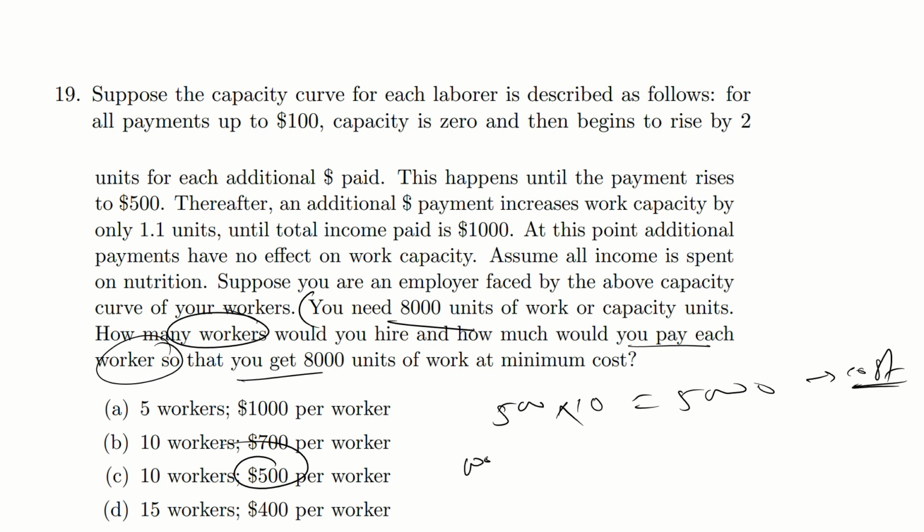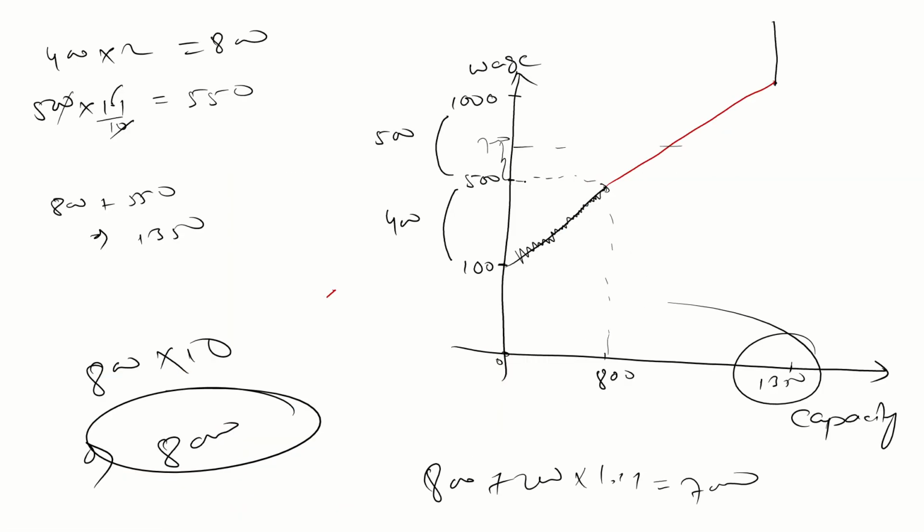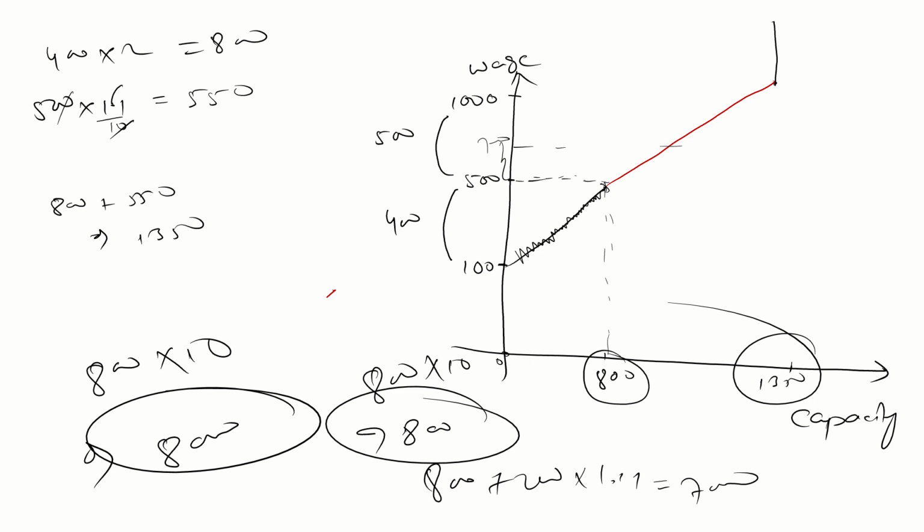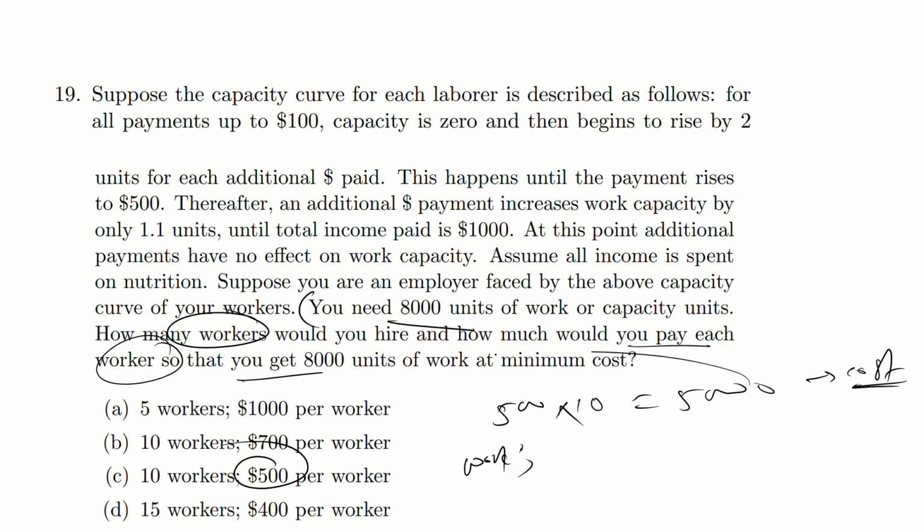But if we're talking about the work, at 500 how much work are we getting? 800, but that is by one individual, so there are 10 individuals. So exactly we get 8,000 of capacity work, and the total cost is 5,000. So C would be the correct option.